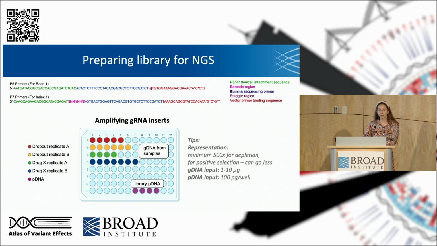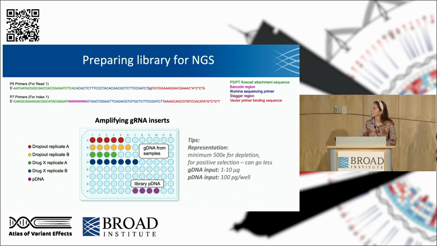We perform our PCR reaction in 96-well plate format, and here it is also important to keep an eye on maintaining the representation of your guide RNA library, but it is also important not to overload the PCR reactions with the genomic DNA material, since it might inhibit the reaction itself.